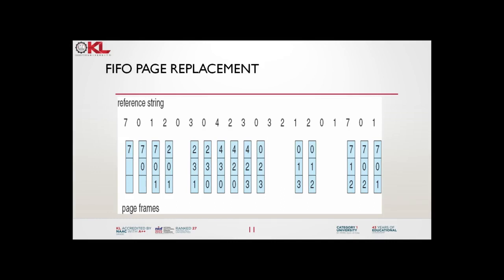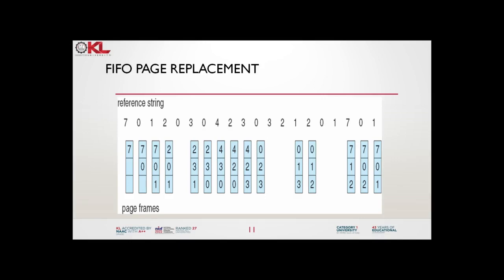How many page faults occurred? You have to note that down. So let me write it down: page fault ratio is the number of page faults by the total number of reference strings. Let me count.